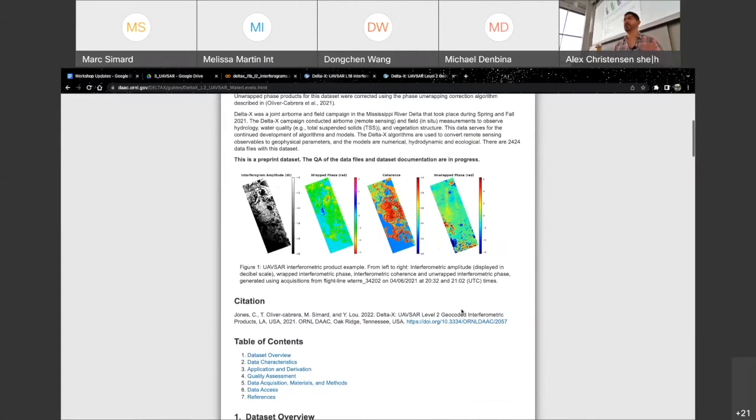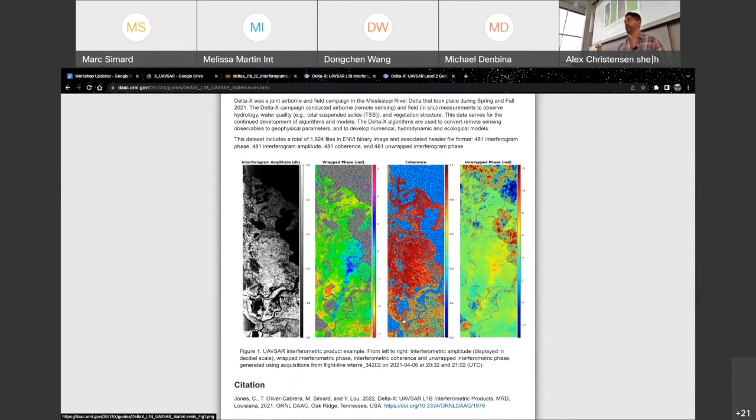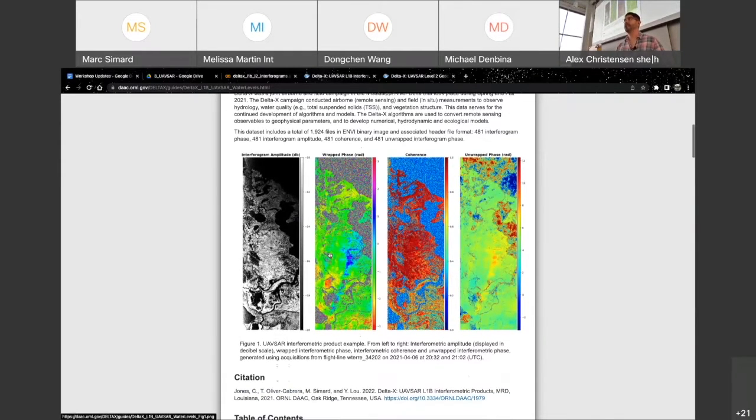So just so that you know, if you feel curious about these data sets and you want to open them in QGIS, they both will open, but only the level 2 will be referenced to the actual latitude and longitude. The level 1 will be in dimensions of pixels. So just be careful when you open those, and make sure that you are opening the one that you actually want to visualize.